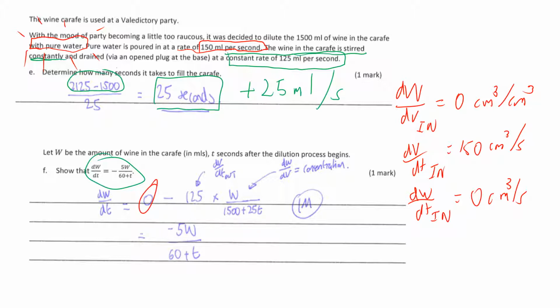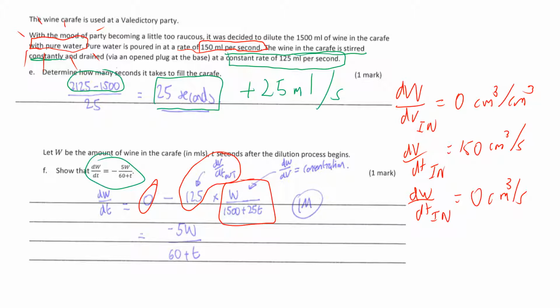So dW/dt in is 0, dW/dt out is what? It's the dV/dt out, so the rate of flow out, which is 125 mils or cubic centimeters per second, times the concentration. All right, where is that coming from?